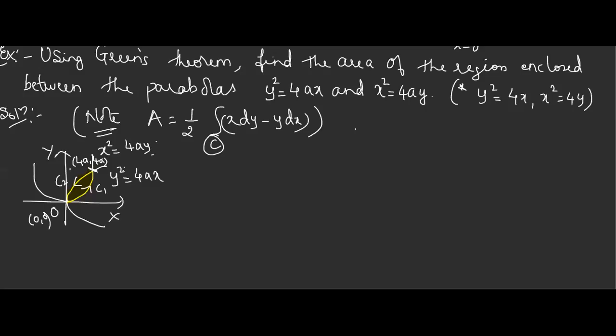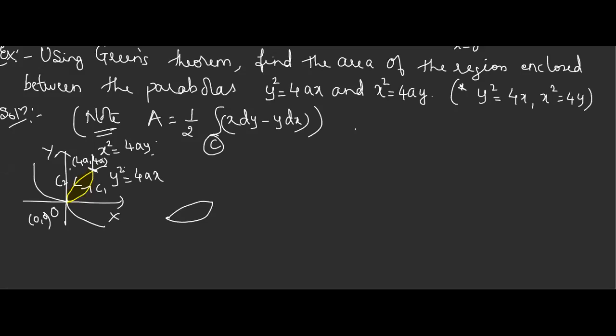Direction is important. If I take C1 like this and C2 like this, is it going to be a closed path? Think about it. Never. A closed path means I'm starting from this point, and I have to come back to that point only. So C1, C2. Is it clear?